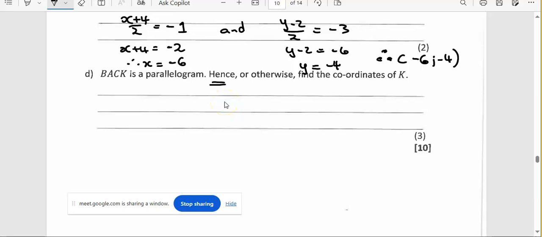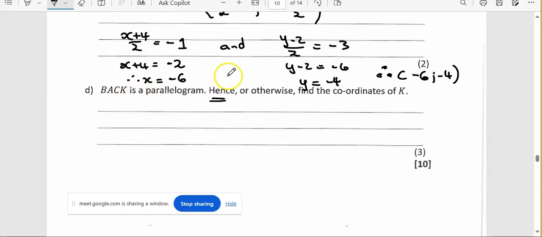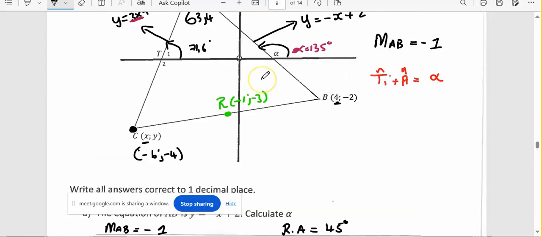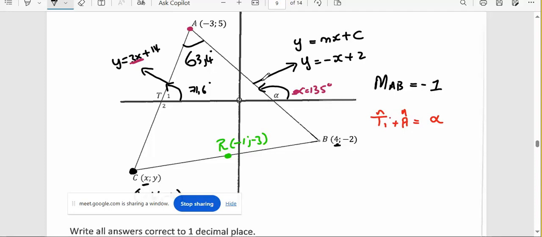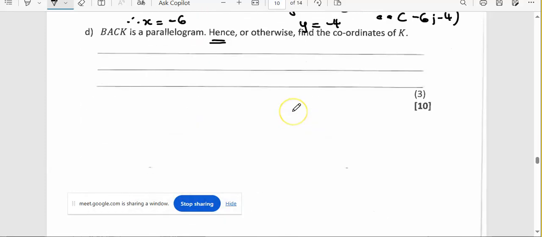Hence or otherwise means that whatever we did on the previous, the answer that we got, we should use it to find the coordinates of K. So we have A, B, C, right? So we're going to add point K to make this diagram a parallelogram.